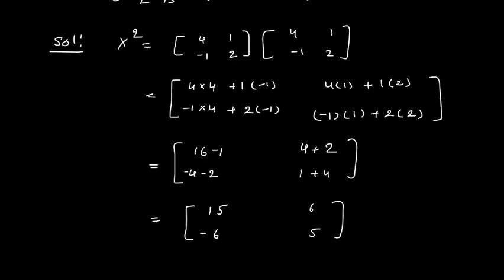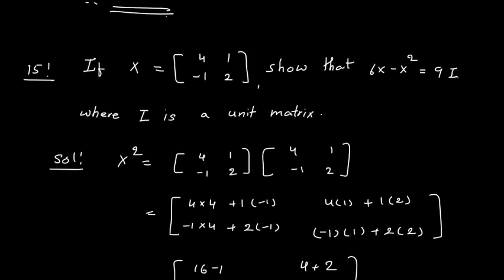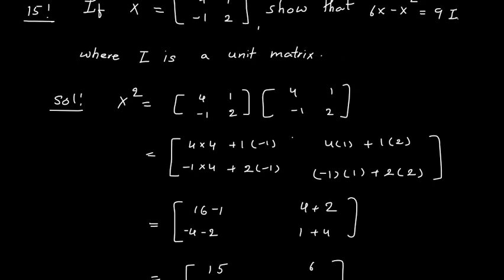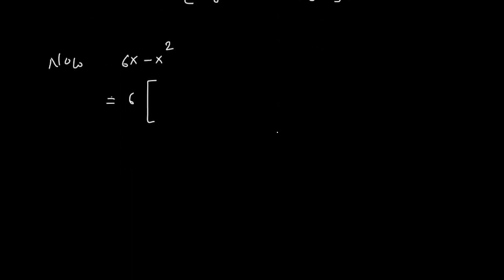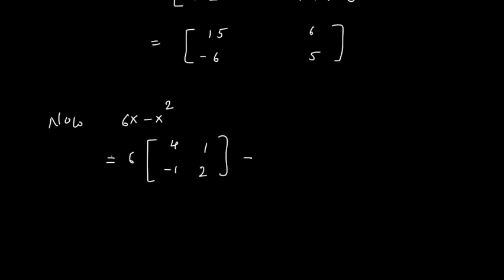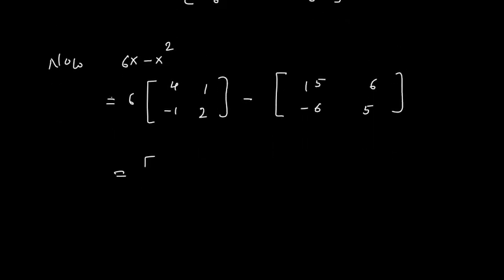Now what I want is 6X minus X square. So now 6X minus X square is 6 into [4 1; -1 2] minus X square. The value of X square we have is [15 6; -6 5]. So this is 6 into 4, 24, and minus I have 15.